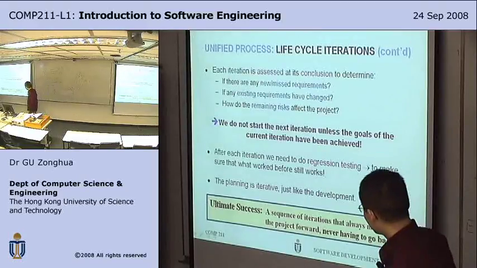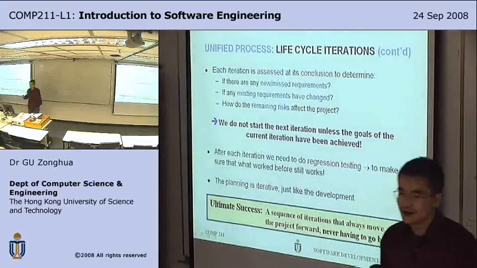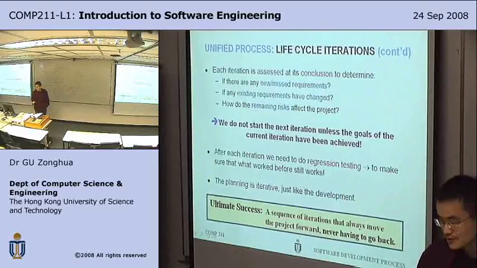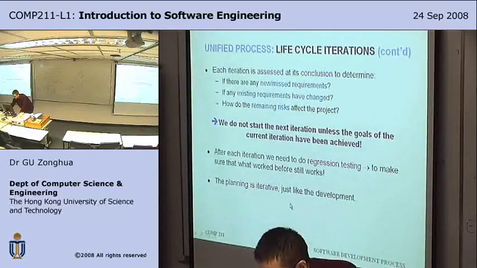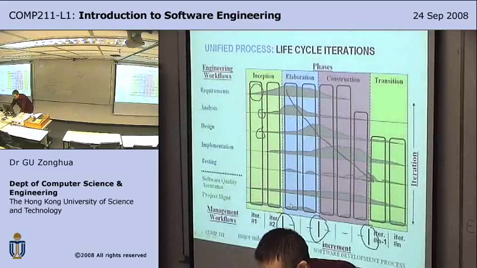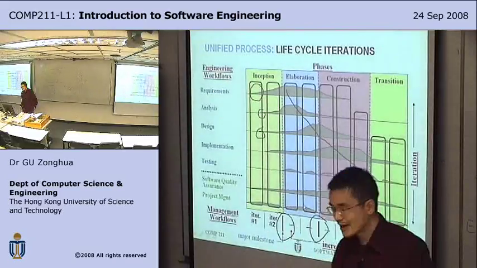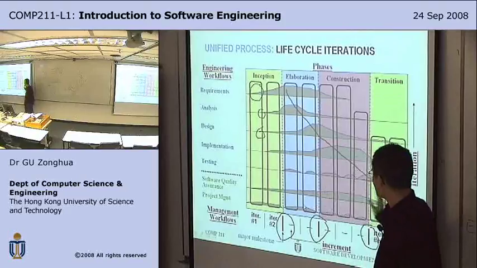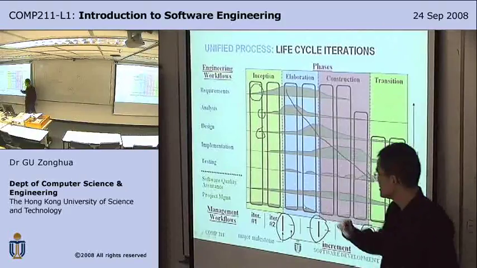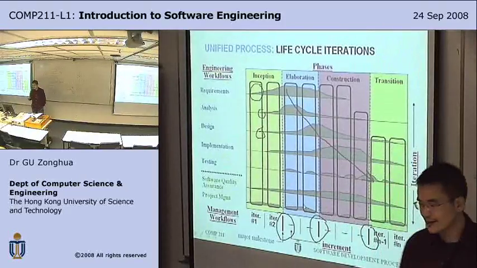So this sounds a little bit like waterfall, but it's not waterfall, because by never having to go back, we mean that you never have to go back from a later iteration to a previous iteration. Never go back from right to left.